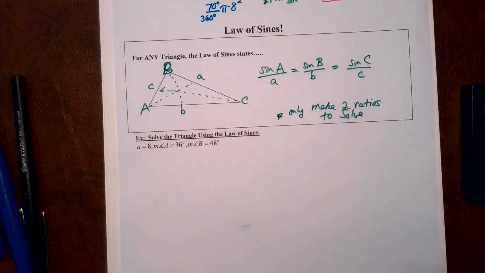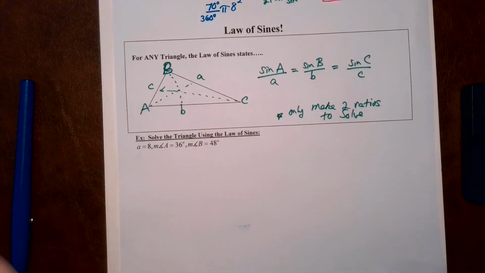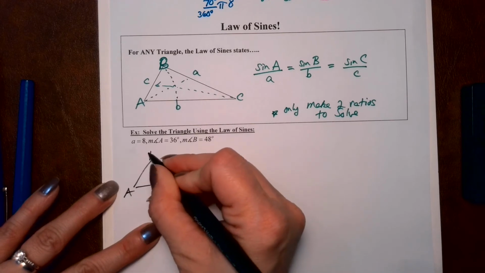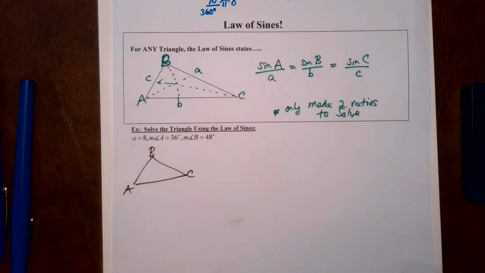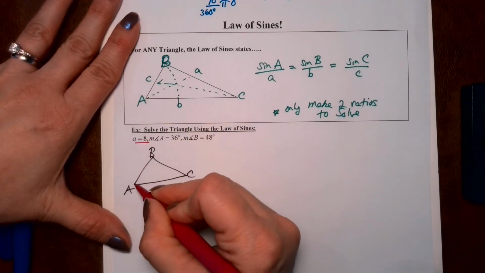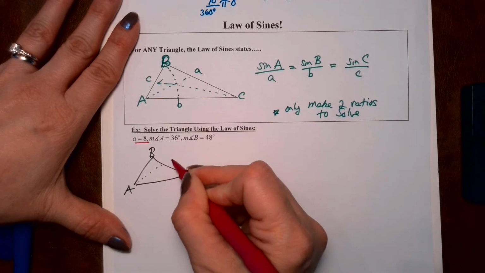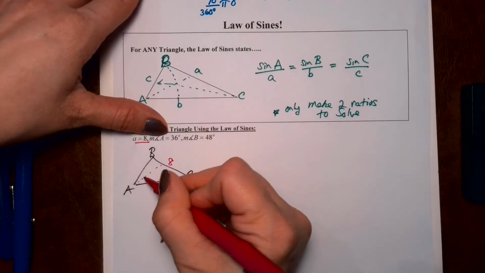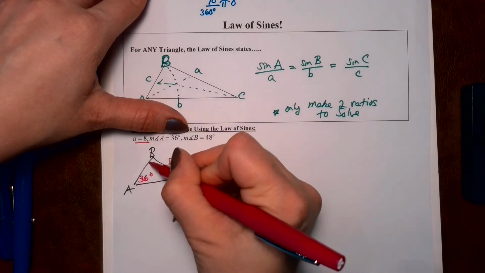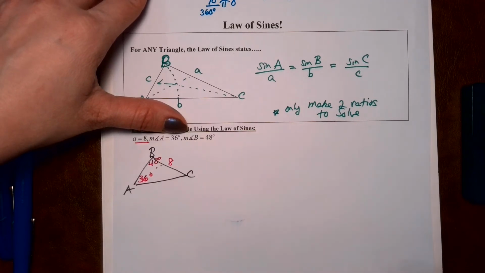Okay, let's do an example here. So let's draw a triangle and let's put angles A, B, C on it so we can get these values in the right place. So we've got side little a, which is across from angle A. So this side is 8. Angle A is 36 degrees. Angle B is 48 degrees.